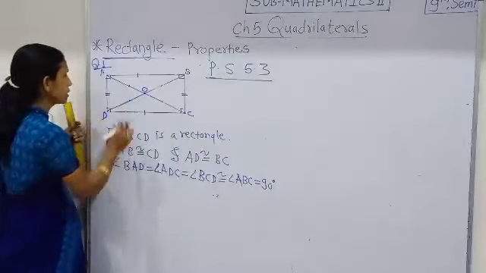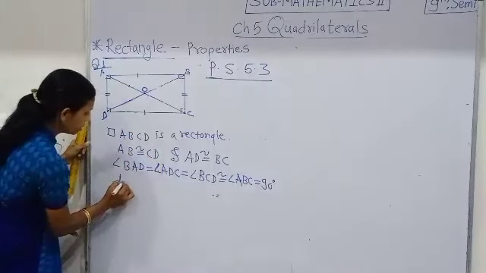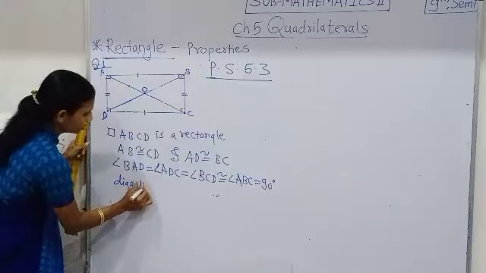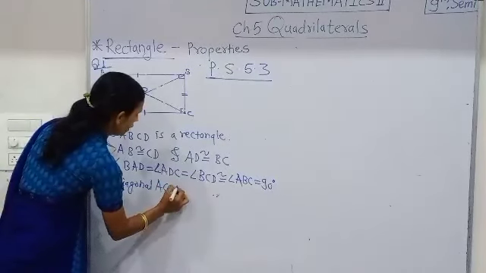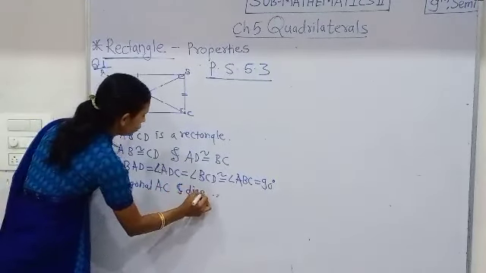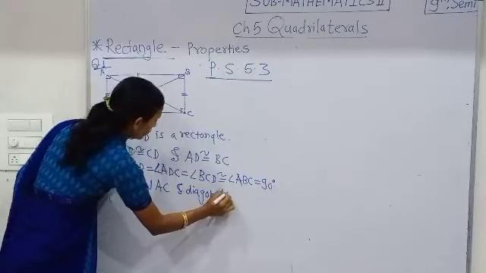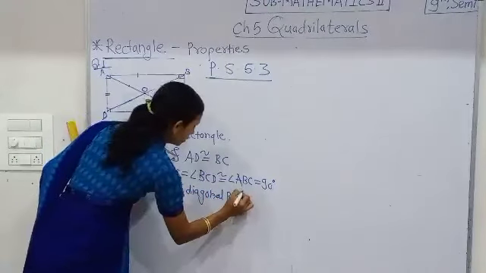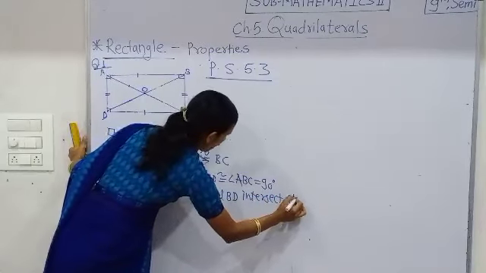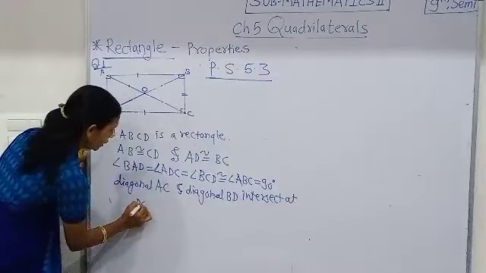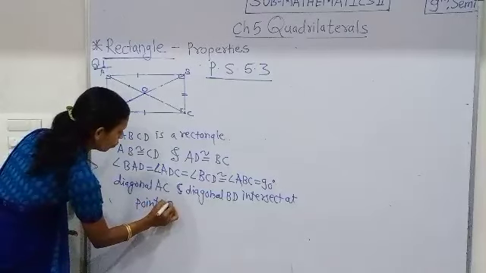Then see here, diagonal AC and diagonal BD intersect at point O.